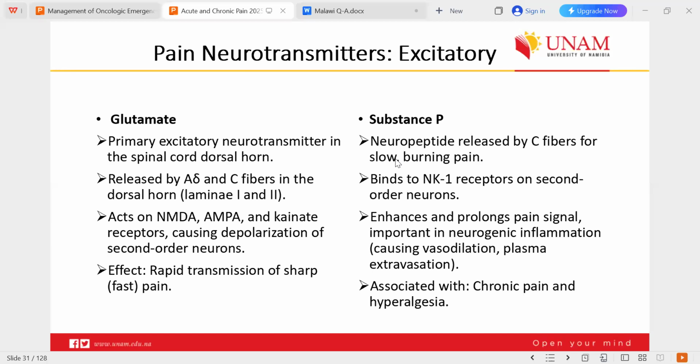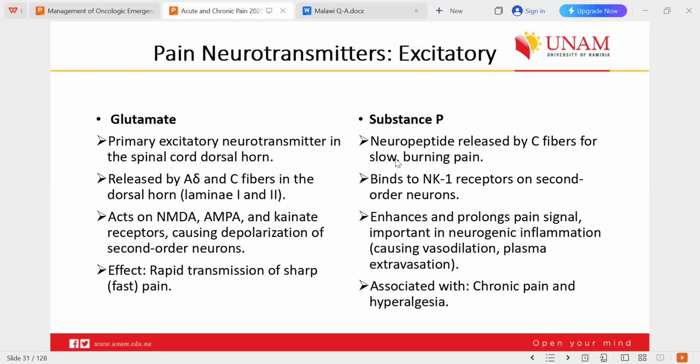We're going to be looking at the different lamina of the spinal cord; I hope we get there today. This glutamate acts on your NMDA and AMPA and kainate receptors, which causes depolarization of your second order neurons. So release of glutamate causes rapid transmission of the first pain.